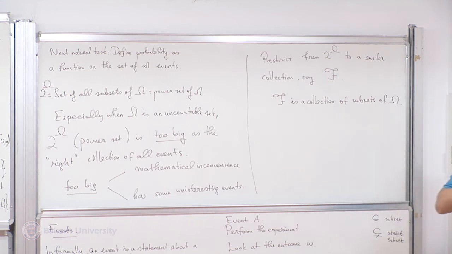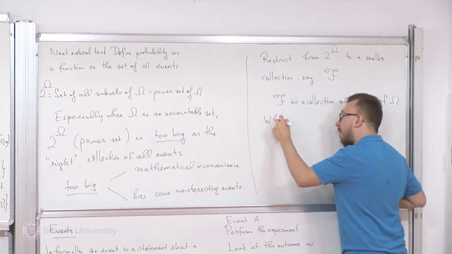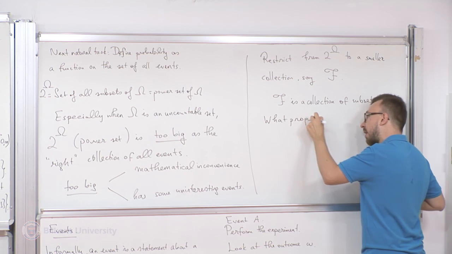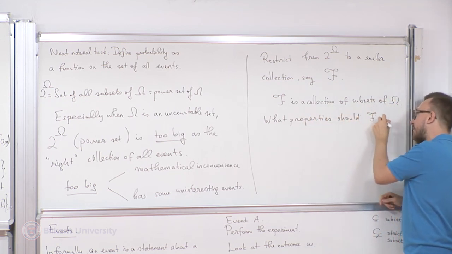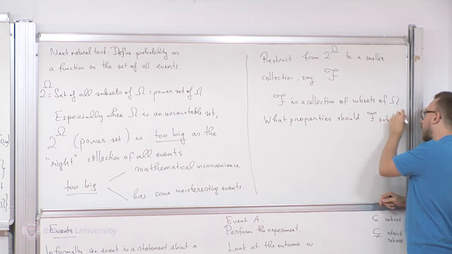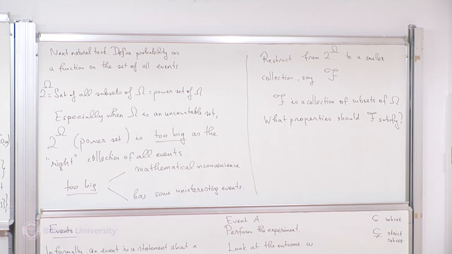It could be the power set itself, but it could be less than that. And in many experiments, it will be less than that. So the philosophical question is, what properties should F satisfy? As a collection of events, what properties should it satisfy?